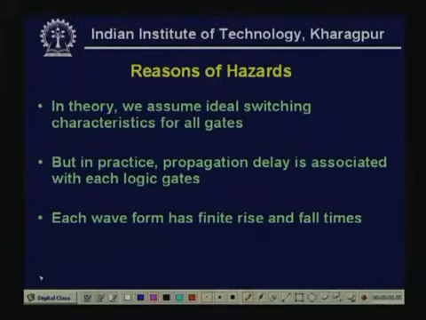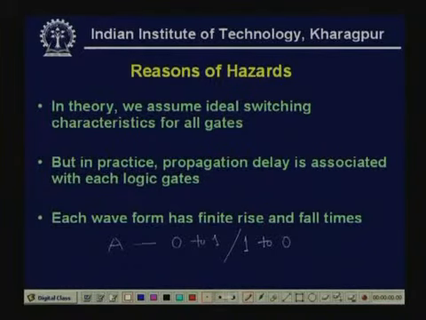What do we mean by switching? Switching is when a value changes from 0 to 1, say one variable A changing from 0 to 1 or 1 to 0, and it takes almost no time.